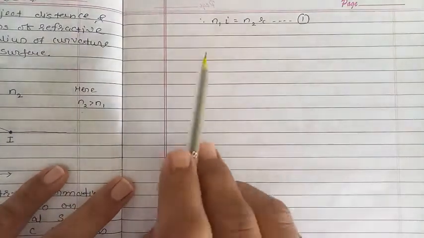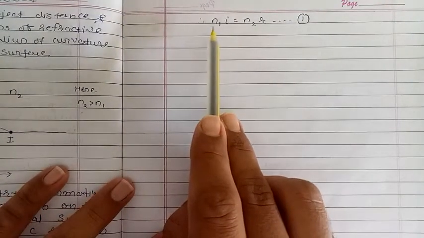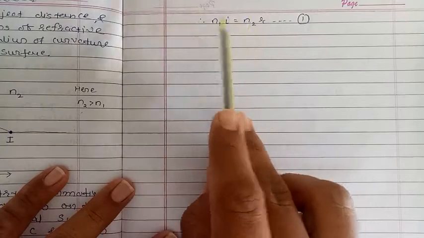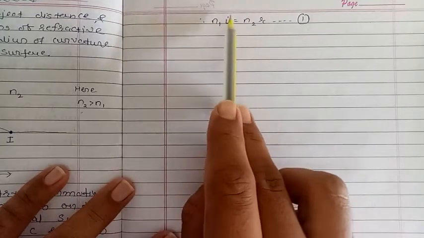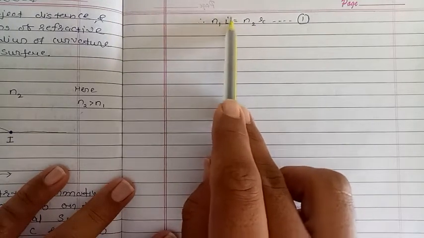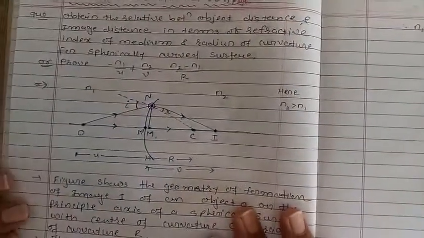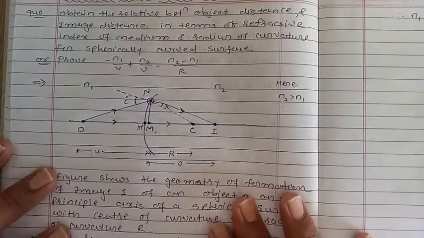We have to prove the relation between object and image distance with refractive index, right? So we have to find the value of i and the value of r. To find the value of i and r, we have to consider this figure. So see this figure, friends.